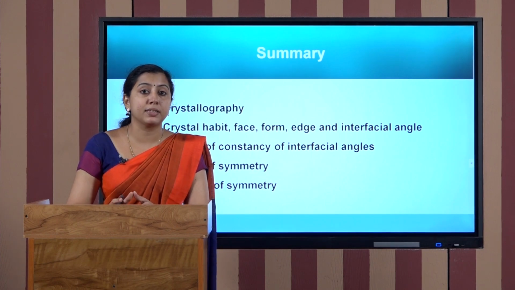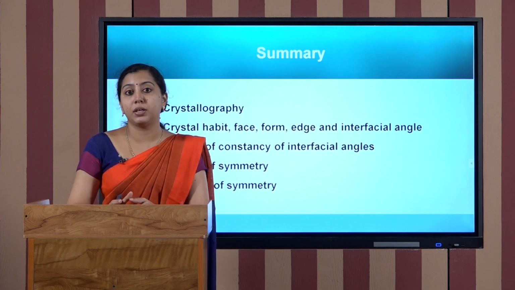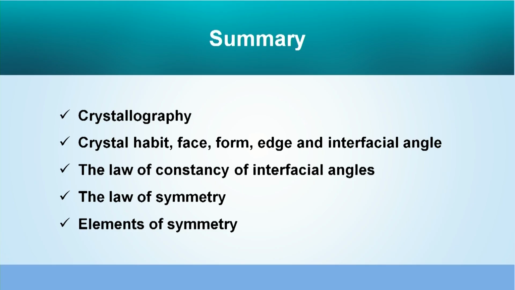So, before discussing the laws, we got familiarized with the term crystallography, some common terms used in crystallography including crystal habit, phase, form, edge and interfacial angle, followed by the discussion on the first 2 laws of crystallography, namely the law of constancy of interfacial angles and the law of symmetry.